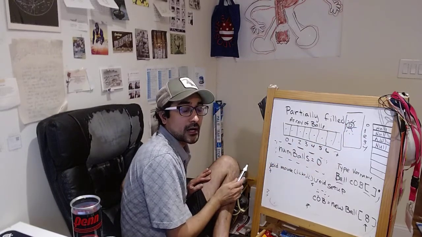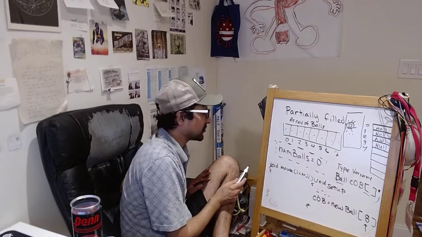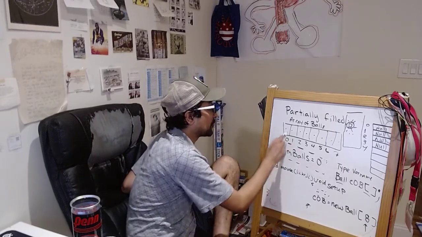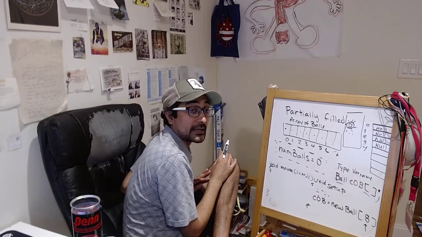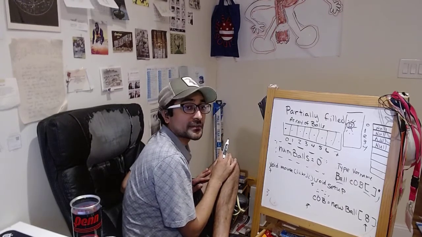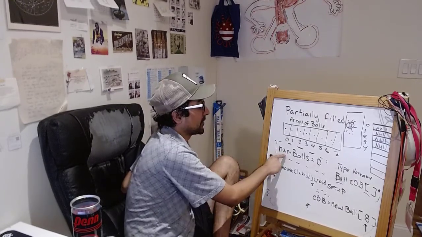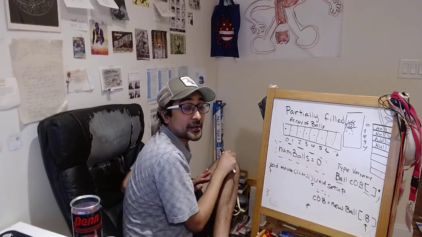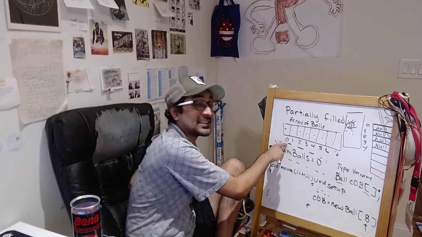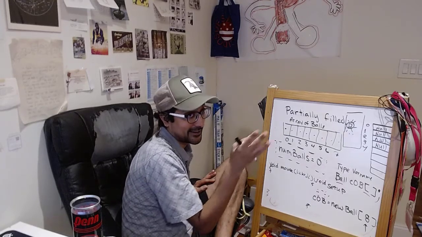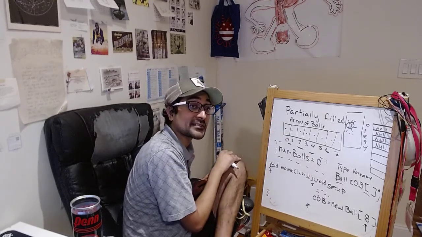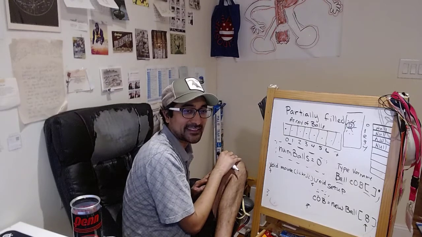And we're going to put it in the next available spot in the array. Well, what's the next available spot? It happens to be the number of balls in there, which is also the index of the next available spot. There are 0 balls in there, and so index 0 is the next available spot. Think about why that's the case.